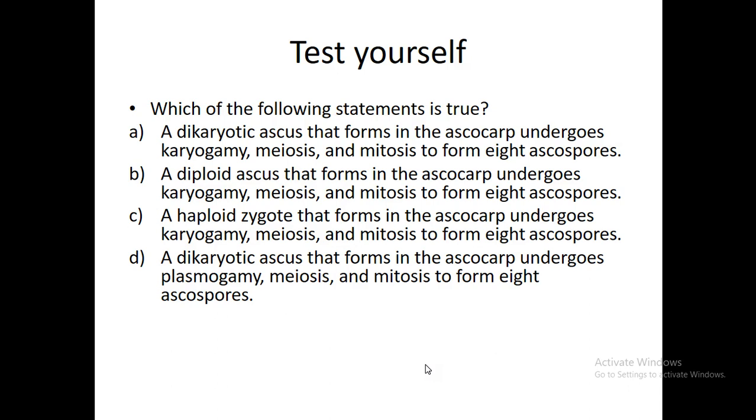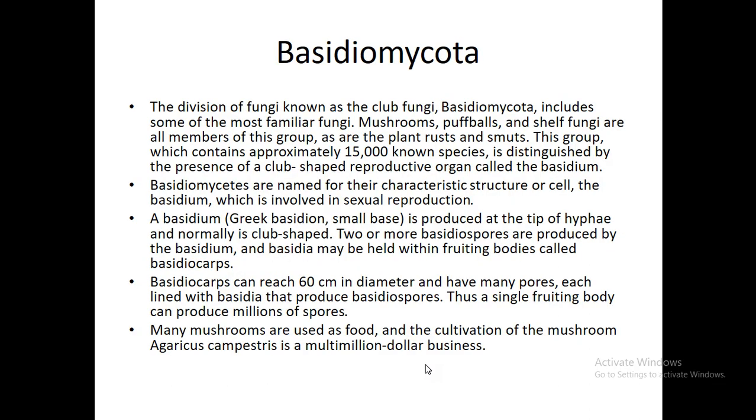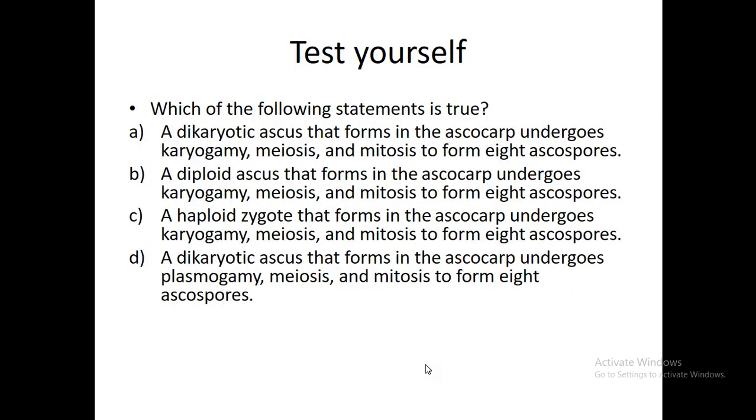A haploid zygote that forms in the ascocarp undergoes karyogamy, meiosis, and mitosis to form 8 ascospores, or a dikaryotic ascus that forms in the ascocarp undergoes plasmogamy, meiosis, and mitosis to form 8 ascospores. You have to test yourself, answer this question, and I'll discuss it in our live session.